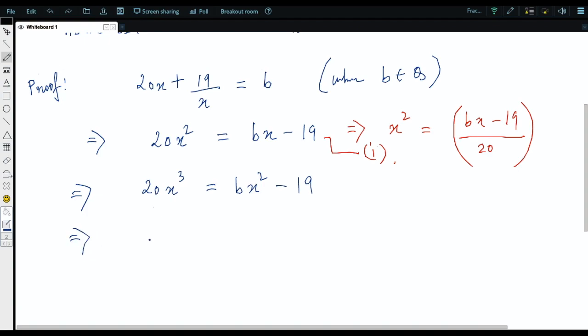Now we know the value of x squared. So let's put it. So this is nothing but b times (bx minus 19) by 20 minus 19x.